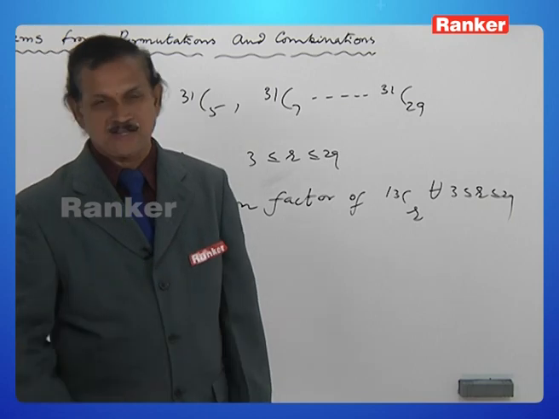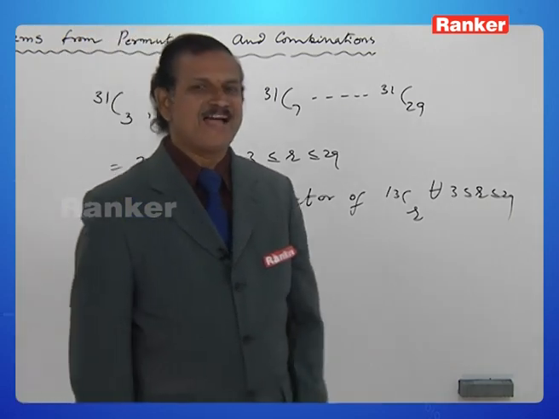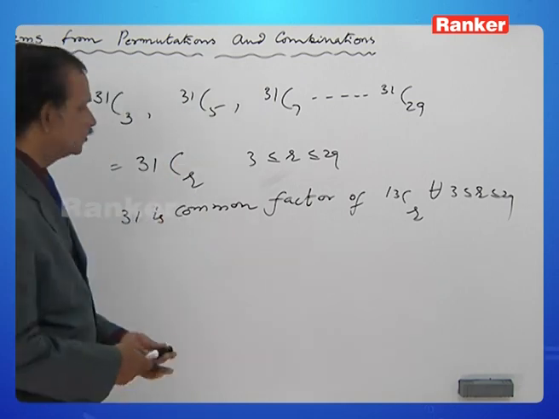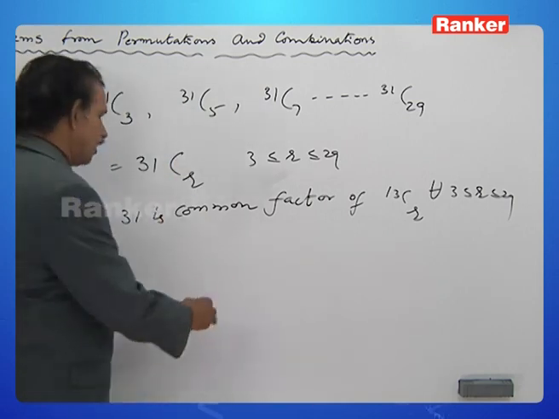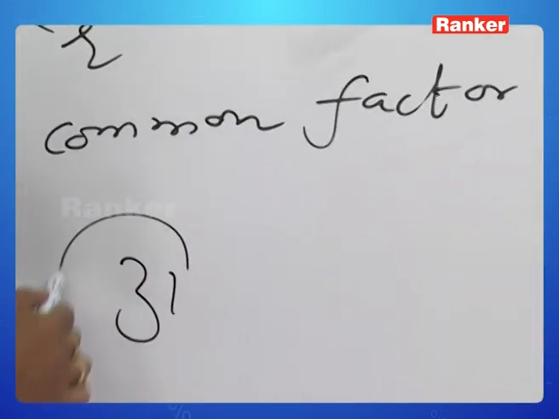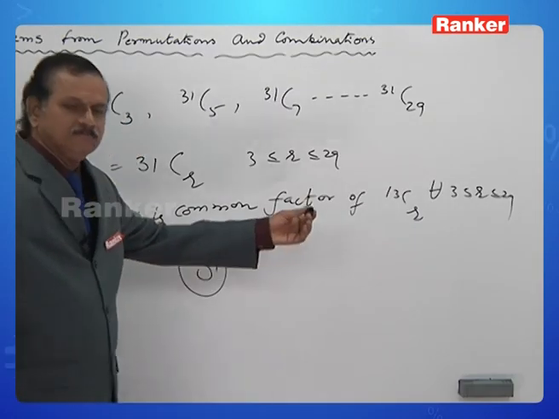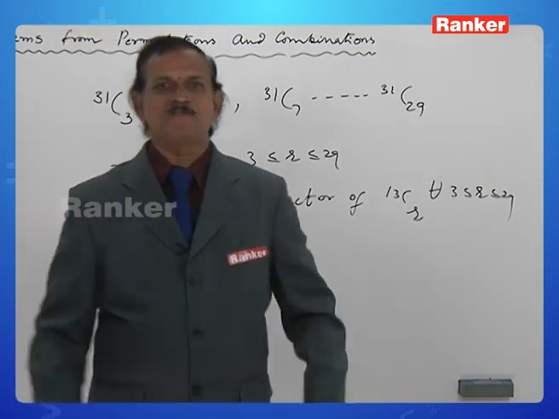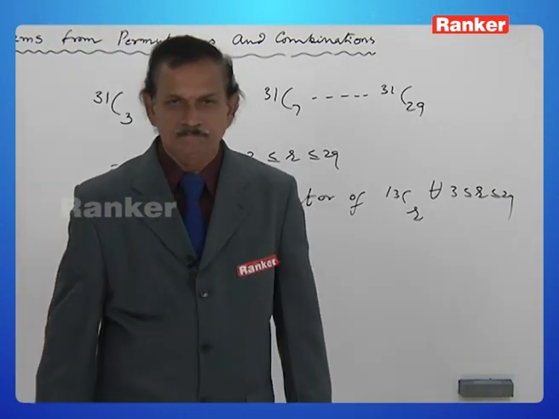None can divide 31, and there will be no other factor for those which is greater than 31. Hence, the greatest common divisor is just nothing but 31. The only crucial point here to observe is 31 is prime.